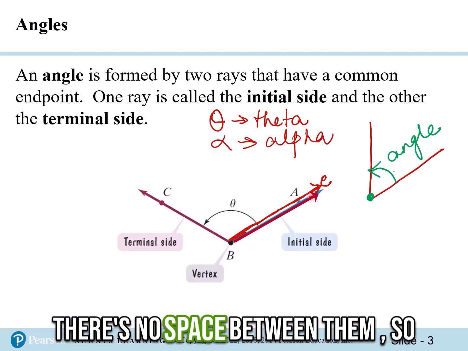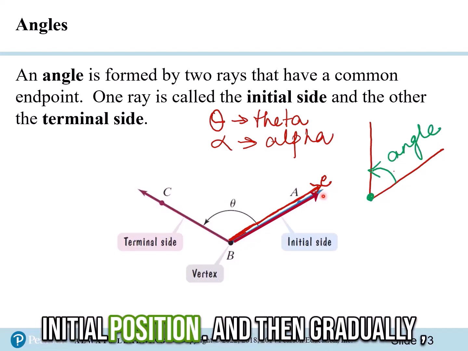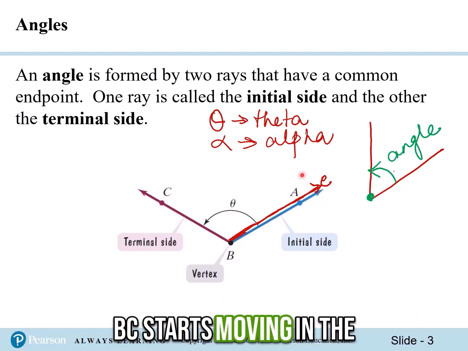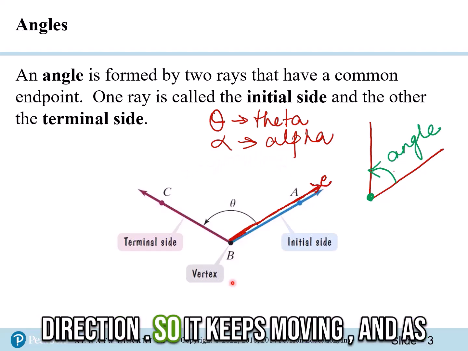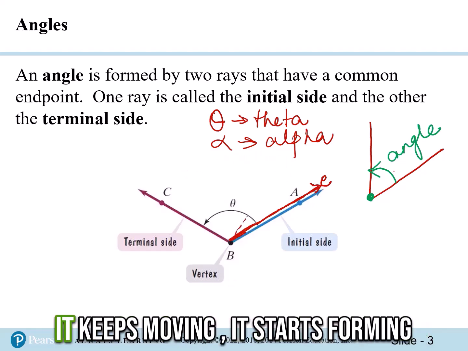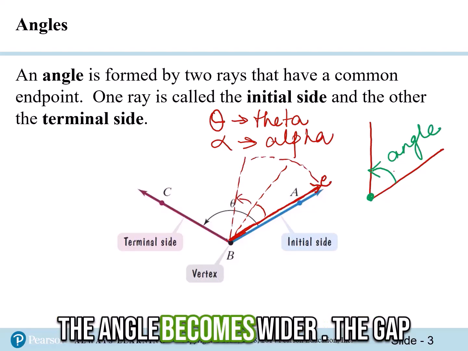There's no space between them, so there's no angle formed at the initial position. And then gradually BC starts moving in the counterclockwise or anti-clockwise direction. It keeps moving, and as it keeps moving, it starts forming an angle. And as it keeps moving, the angle becomes wider.